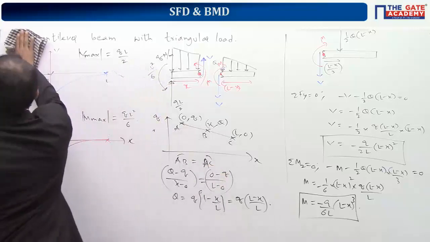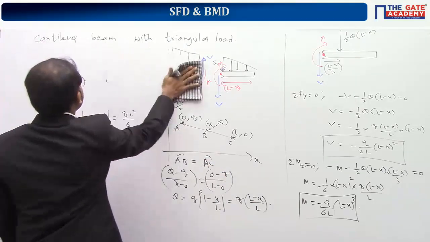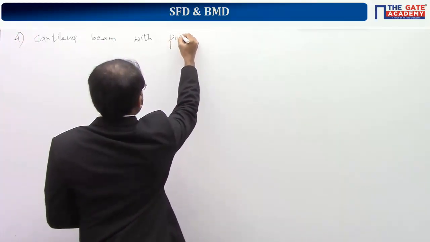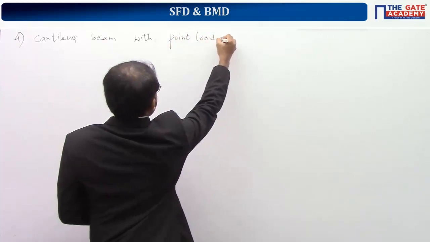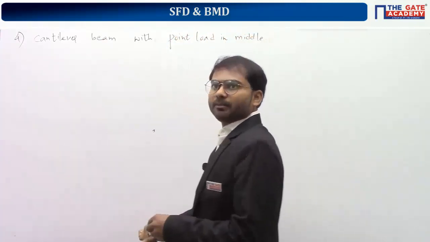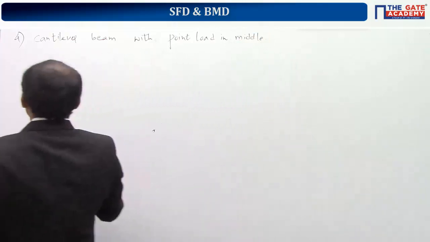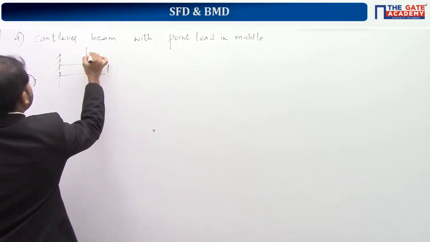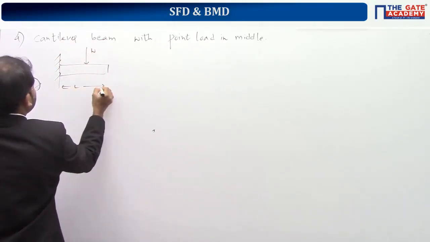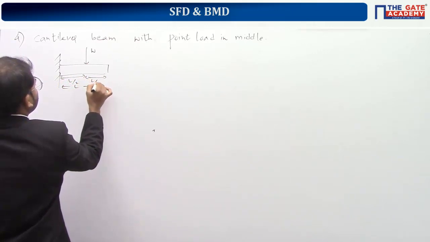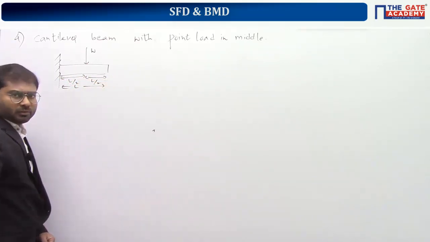So next one is cantilever beam with point load in the middle. So this is a cantilever beam having length L. So this W is at L by 2 from left side and right side.